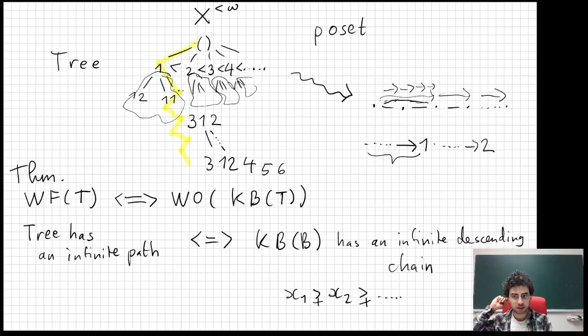Because before we said that prefixes, so something like AAA, is going to be smaller than AA in the Kleene-Brouwer order. We were thinking of it as, well, this is longer. But now that we're looking at trees, we're thinking of it as, well, this is a prefix of this. So prefixes are always greater.